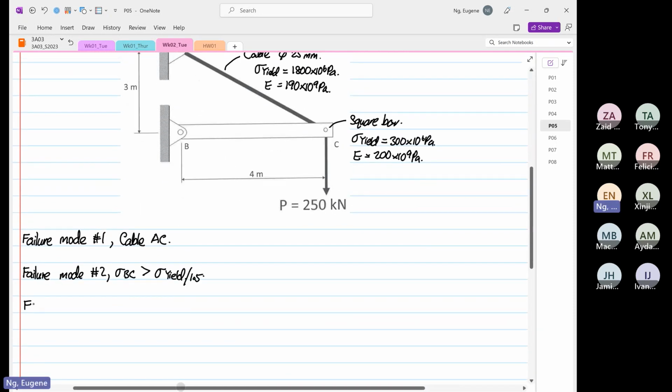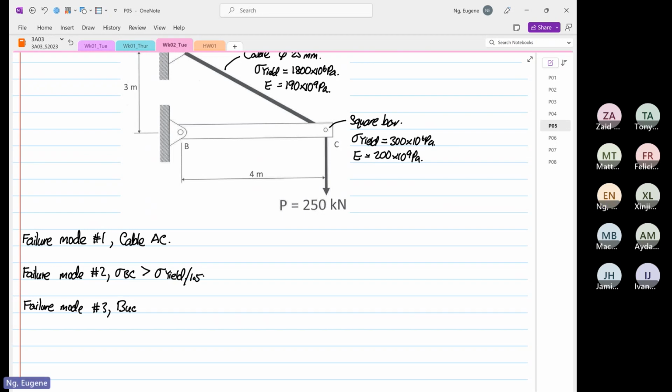So failure mode number three is due to buckling, where the factor of safety, like what we calculated before, has to be greater than 2.0.